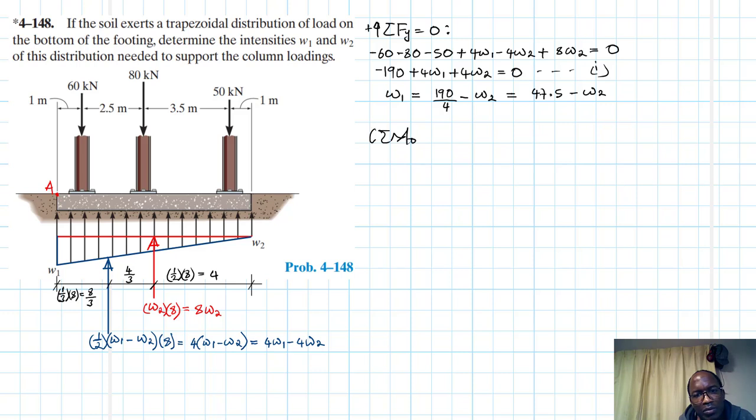We also expect moments to be equal to 0 at any point, so that this particular body does not rotate.